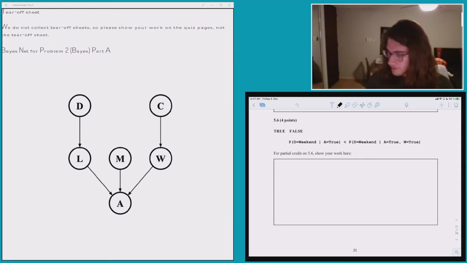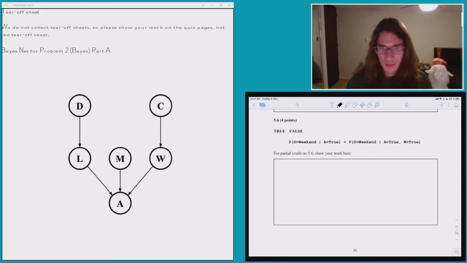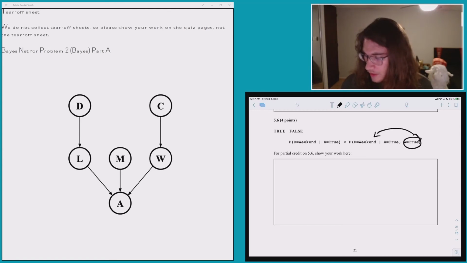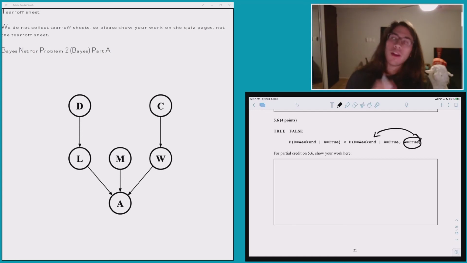So this work helps explain why the weekend, because we're calculating the probability of the weekend, and this is why explaining away is hard to explain, ironically.